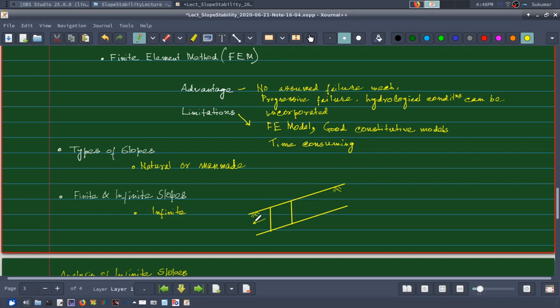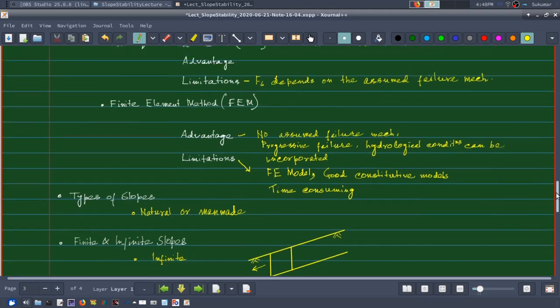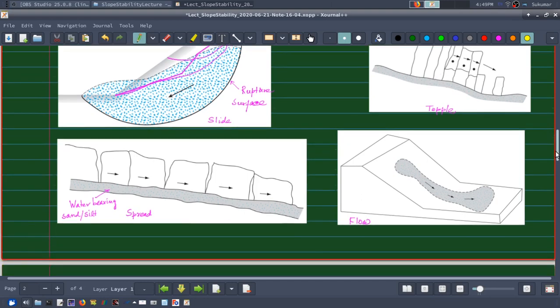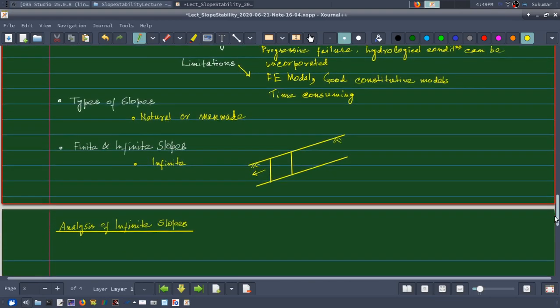That makes the analysis much easier than in the case of a finite slope, where I may have different kinds of failure surfaces that we have already discussed. I have already shown that different failure surfaces need to be investigated in a finite slope, but in an infinite slope it is not so, because the soil characteristics at identical depths from the surface are identical, since it is of such large extent.